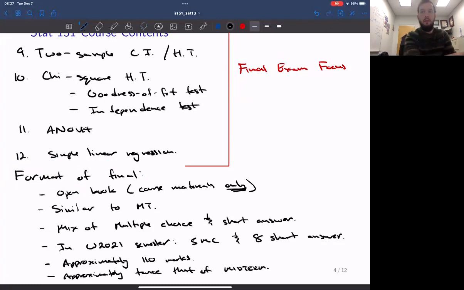Yeah, it's online. It's in the final exam folder. Yeah, so if you go to the final exam folder in course content, it's the first item in that folder.